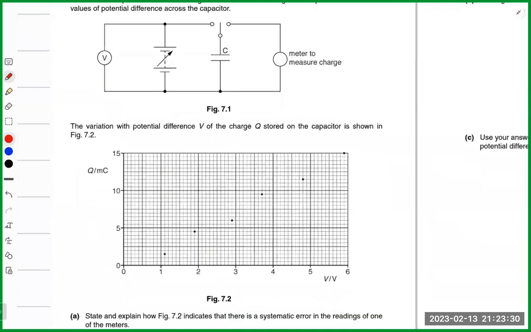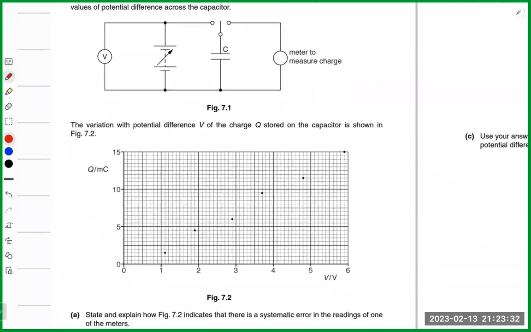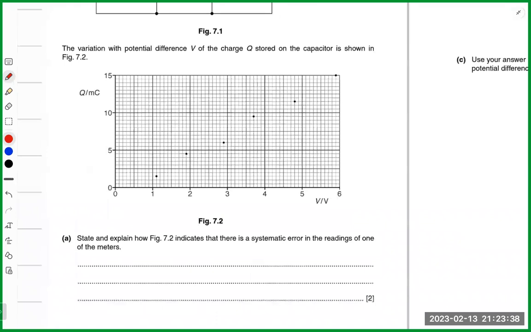Now, potential difference and charge are measured. The potential difference and charge on the capacitor are shown. State and explain how figure 7.2 indicates that there is a systematic error in the reading of one of the meters. On the diagram, what you could do is make a best fit line.